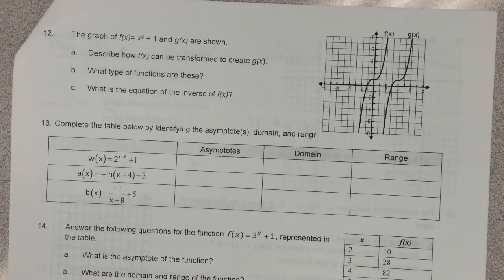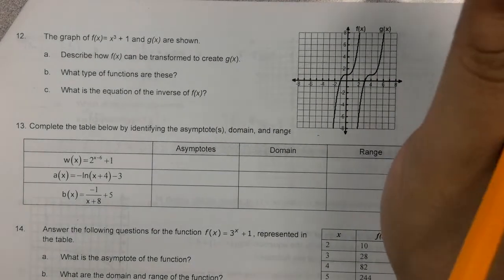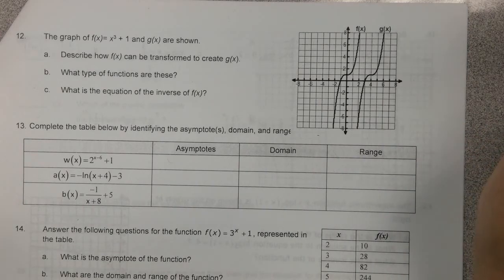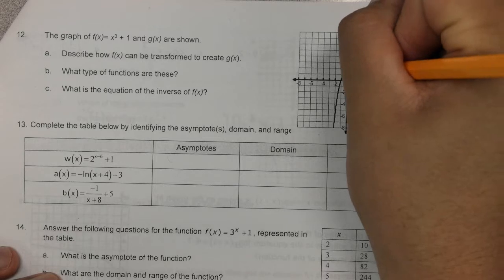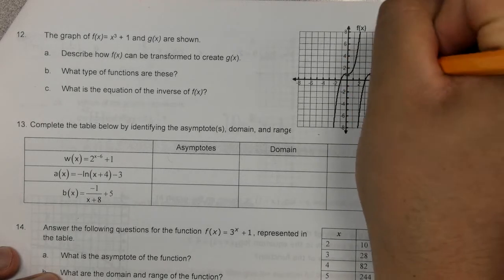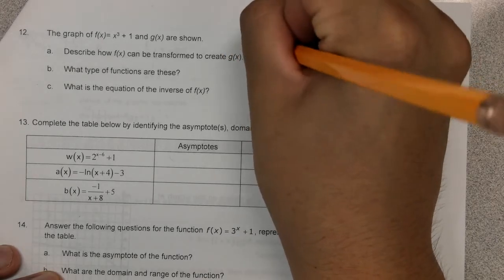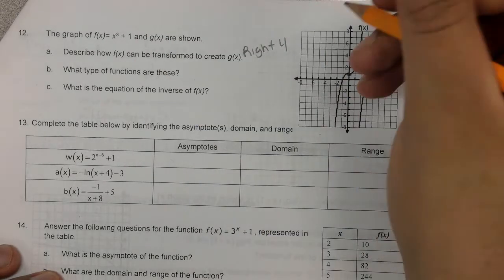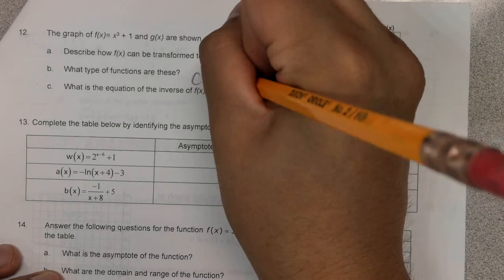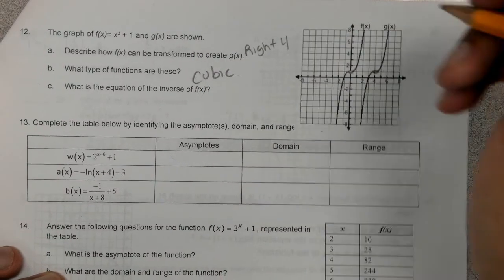All right, then for 12, the graph of f of x equals x cubed plus 1, g of x is shown. Describe how f of x can be transformed to g of x. Based off the point of inflections, this one's just going right 4. What type of functions are these? Cubic. What's the equation of the inverse?